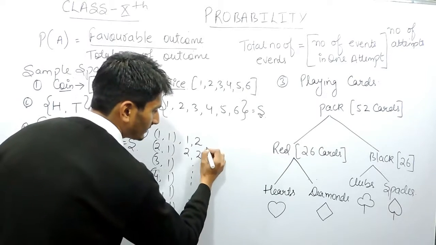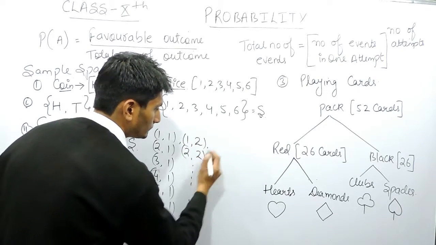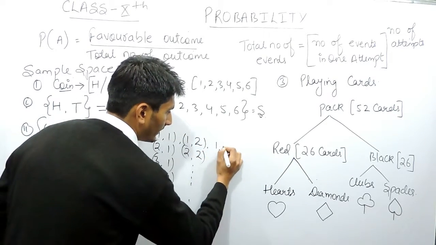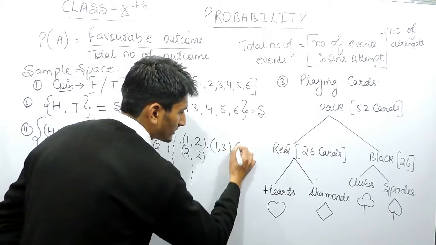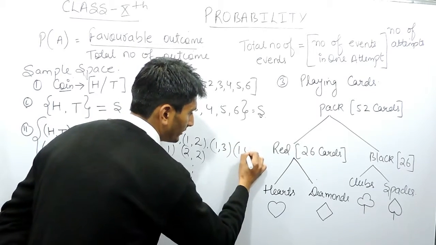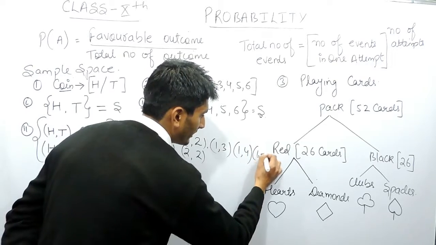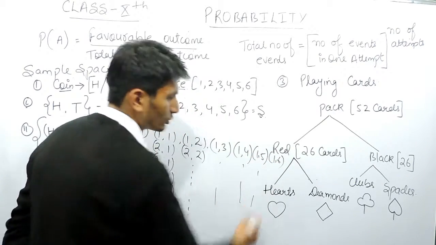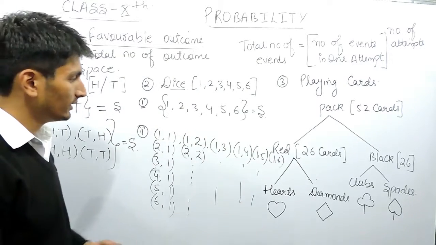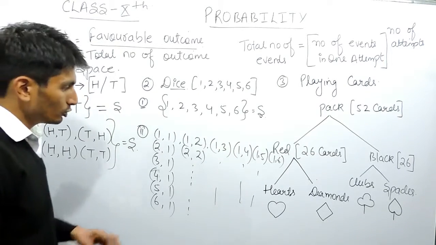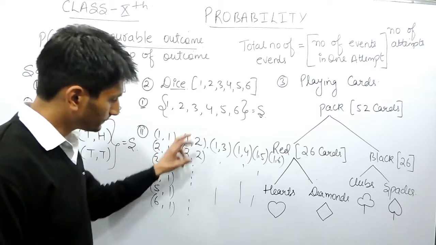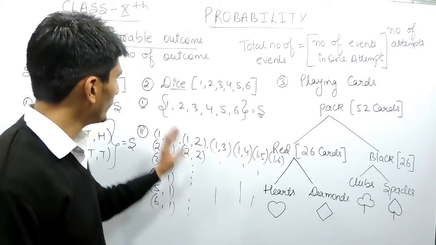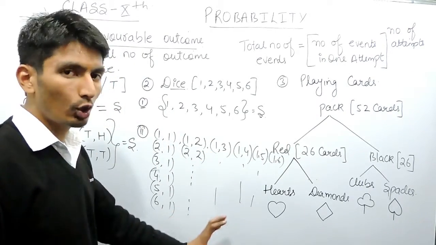In the third case 1 and 3, in the fourth 1 and 4, similarly 1 and 5, and at the last 1 and 6. This table is already given in your book, you can check it there. So these are the possible outcomes when two dice are rolled.